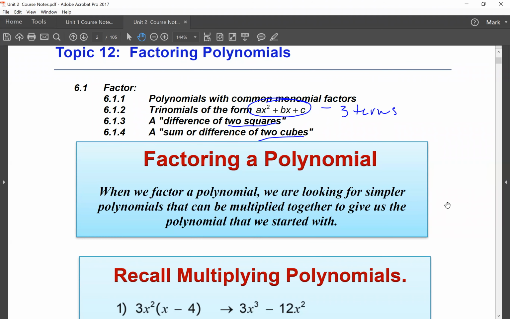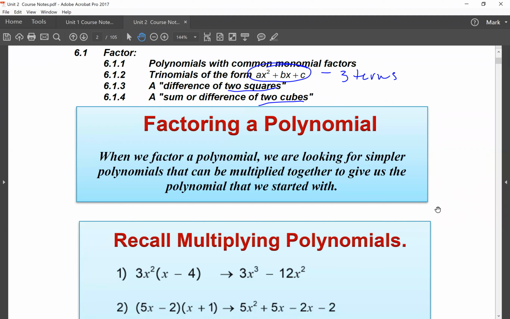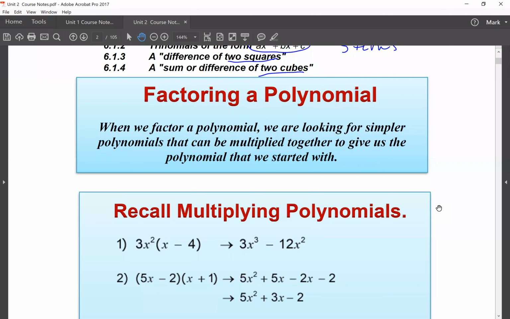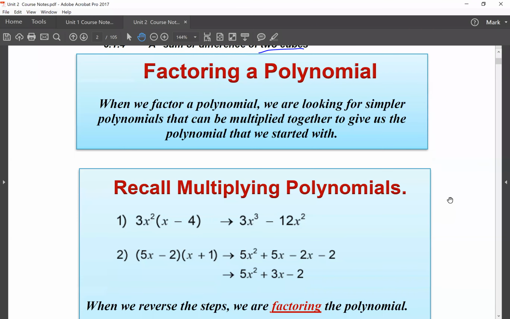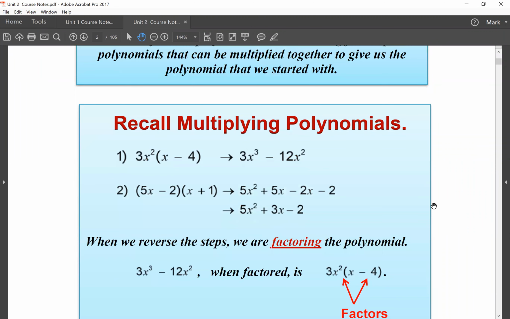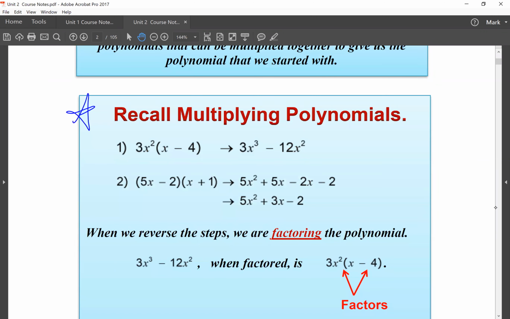So a polynomial is an algebraic expression that has multiple terms. To start this, first things first, recall what we did back in chapter 2 or chapter 3, or topic 2, topic 3, sorry, multiplying polynomials.